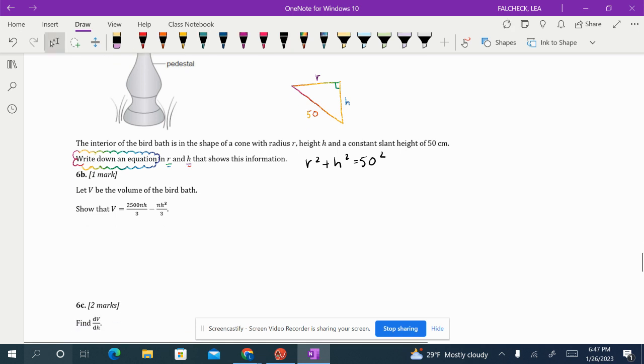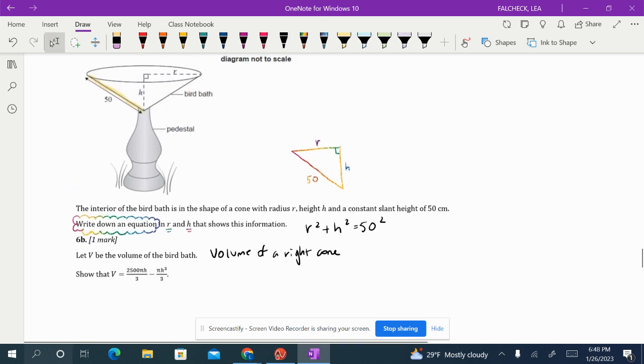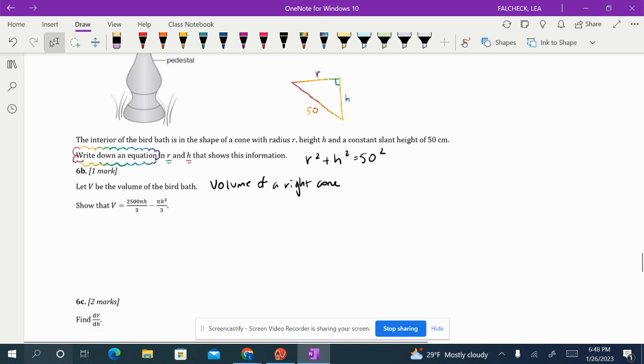So 6b says let V be the volume of the bird bath. Show that V is equal to 2500 pi h divided by 3 minus pi h cubed divided by 3. Okay, so the volume of a right cone, that's the figure of this top of the bird bath here.